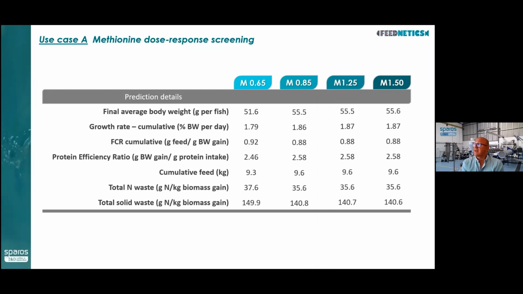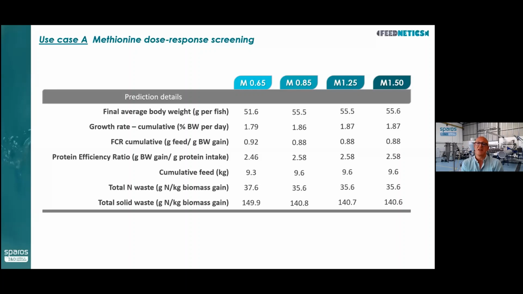So these were the predictions that we got. The final weight was the same or very similar for 3 of the diets, but the diet below 0.85% of methionine led to a fish with a smaller final weight, with a higher FCR, with higher nitrogen waste, and also with a higher total solid waste.